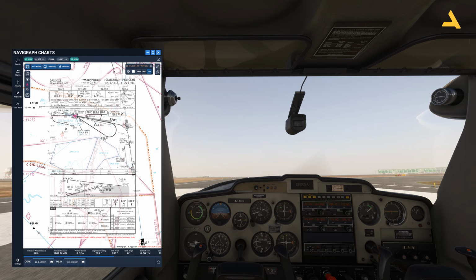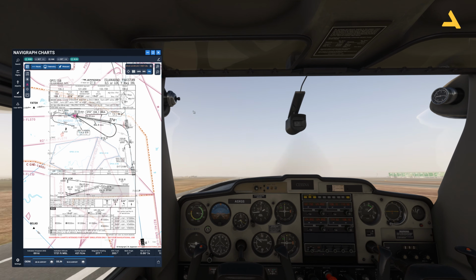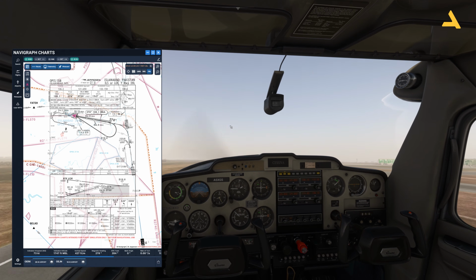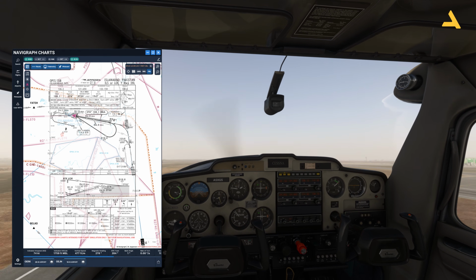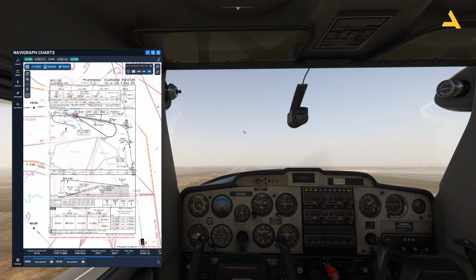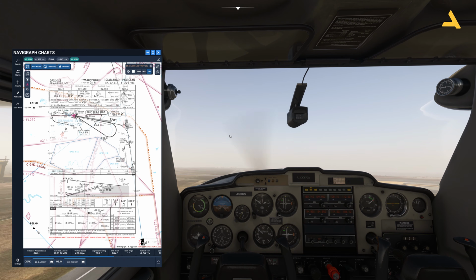Okay. Now it's time to raise the flaps. Oh, they are already up. I didn't extend the flaps for the takeoff. Anyhow, I just took off without the flaps. So now you can see I'm going straight.